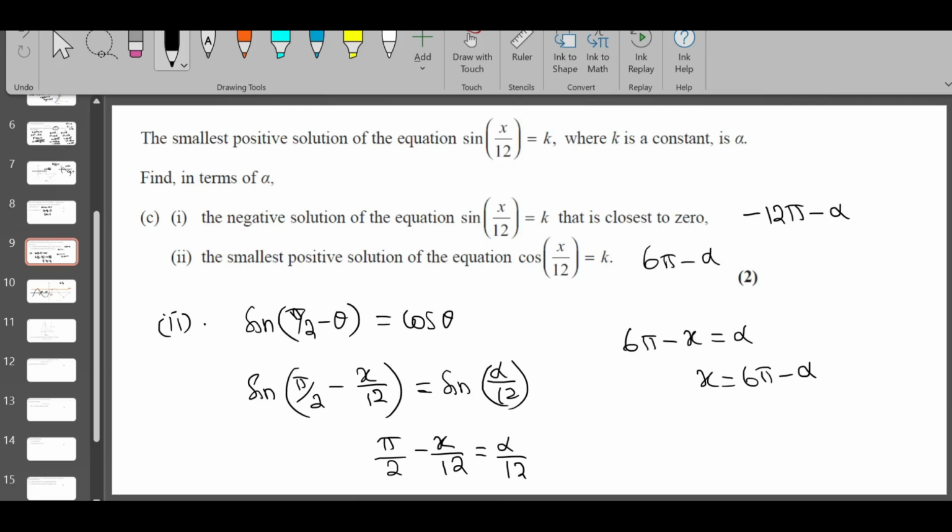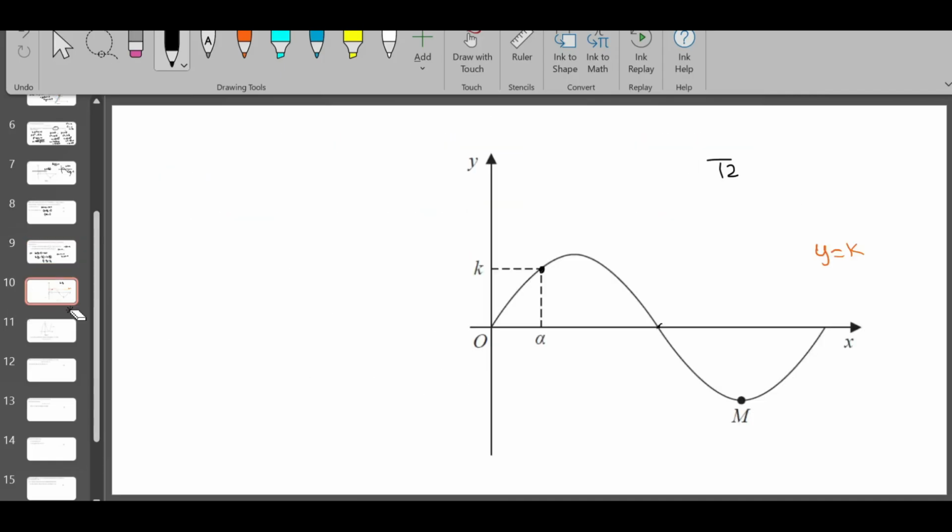Now I will explain this using graphs and transformation. We have a graph sine x over 12 here. And I'm going to take the line y is equal to k. This is the line y is equal to k, right? So in the actual sine x, this point, the maximum point is pi over 2.